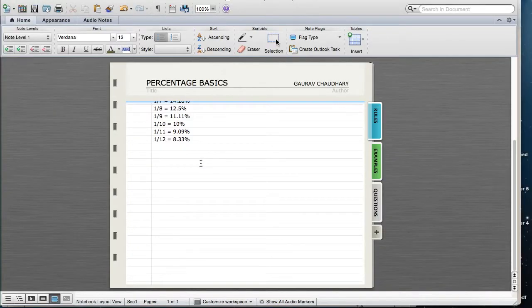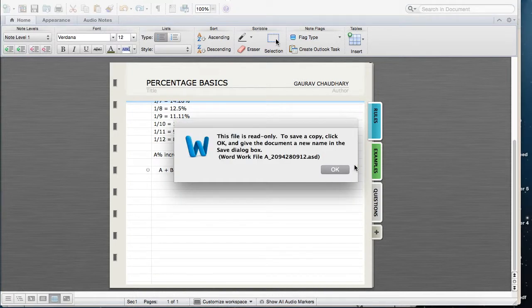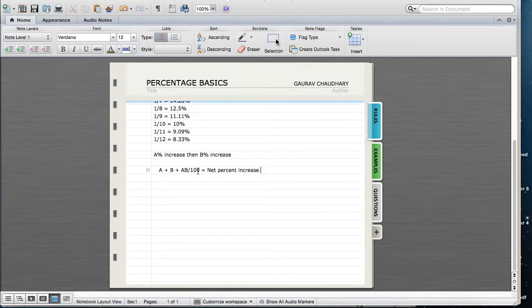Now let's see another formula. Suppose the value is increased by a% and then increased by b%. So we'll find the net percent increase by using the formula a plus b plus ab upon 100.